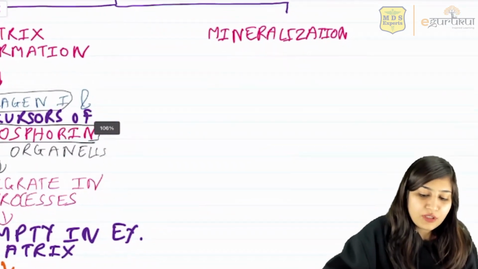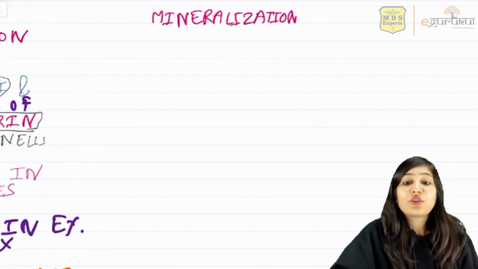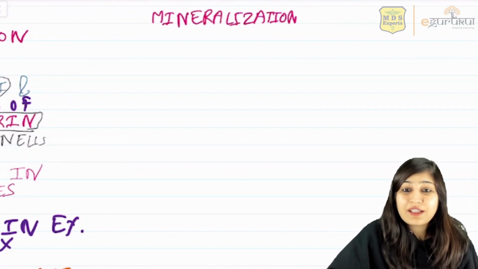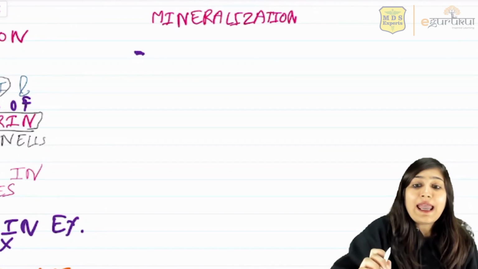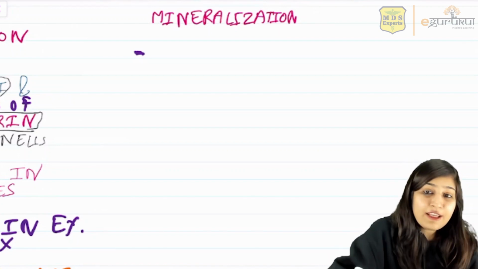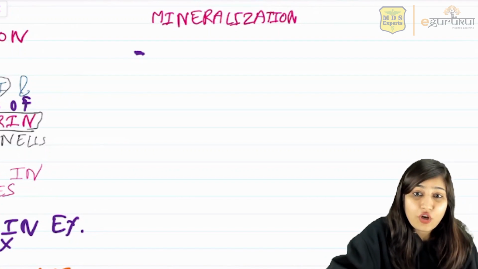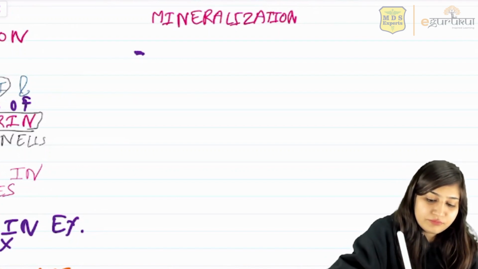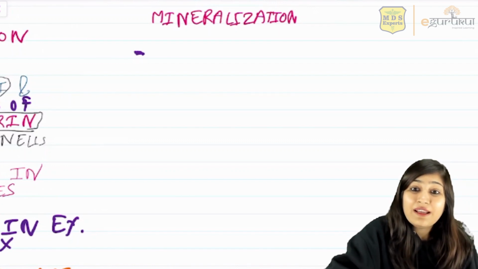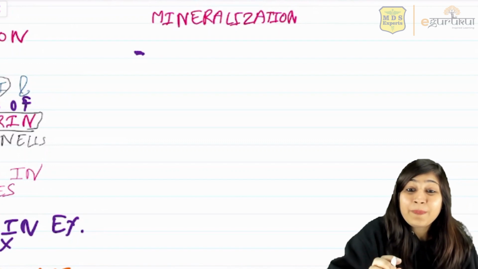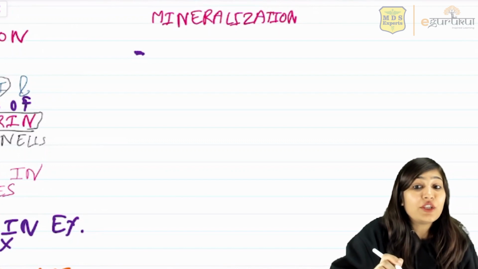Now coming to mineralization. We all know that deposition of crystals will start here. So how? As the odontoblasts give off their processes, matrix vesicles bud off. We have seen that in mantle dentin, mineralization is by matrix vesicles, and in circumpulpal dentin, it is by heterogeneous nucleation.